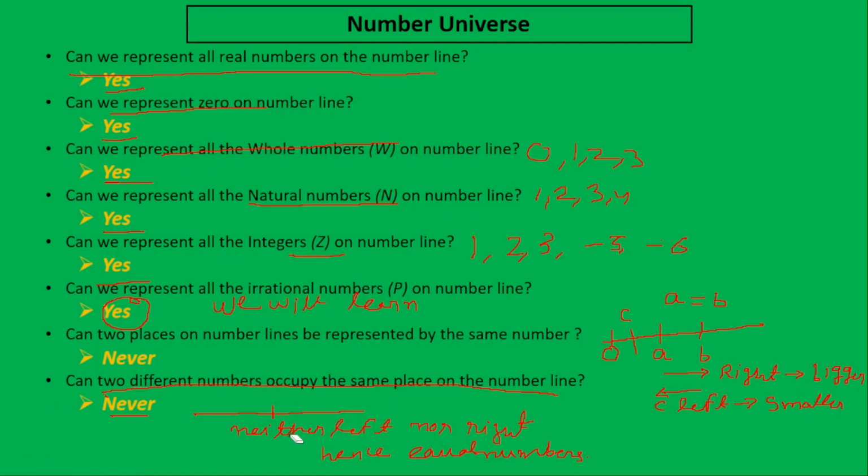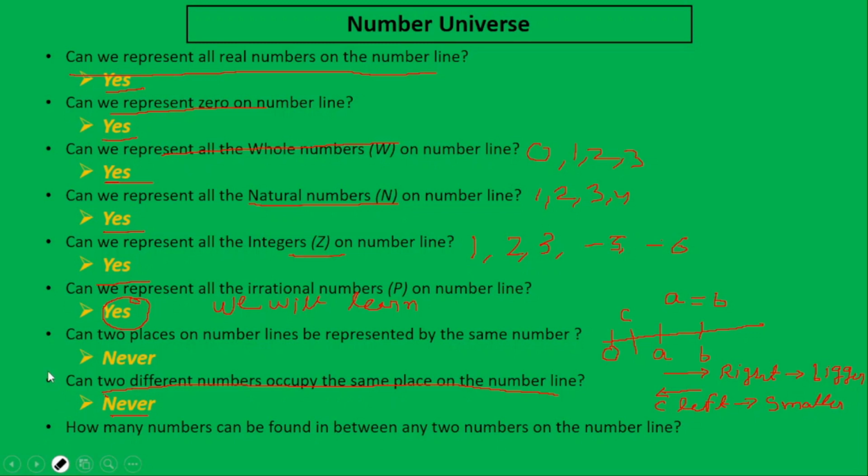We'll learn more about number lines later on, and this chapter is very important. Okay, I have started from the very basic thing, and we'll take this up to a very big level. Now, how many numbers can be found in between any two numbers on the number line?